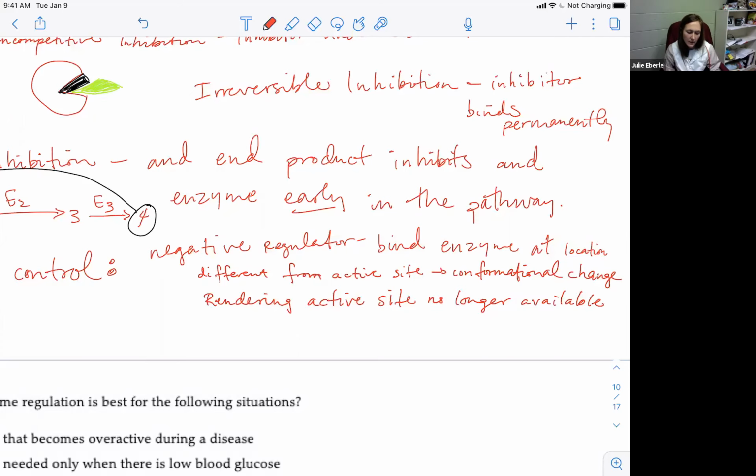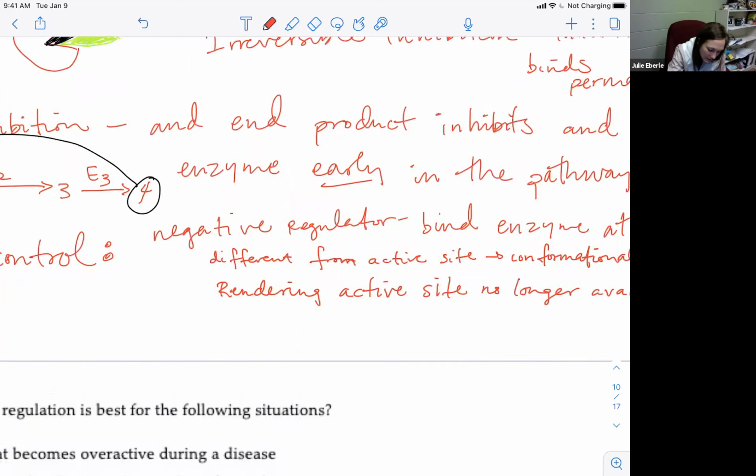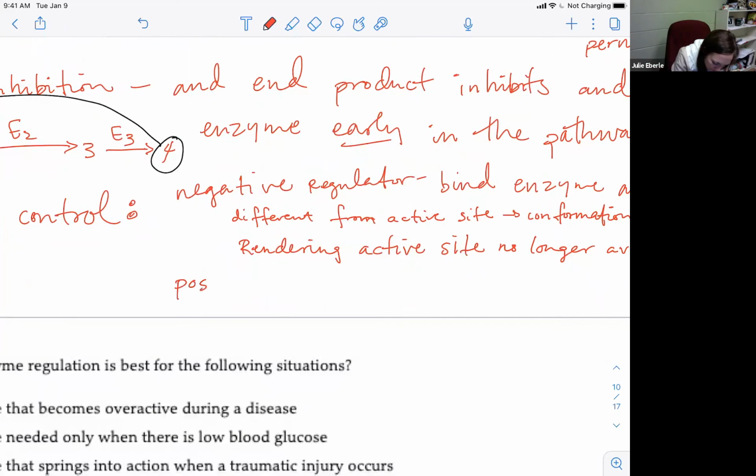Okay. Now, a positive regulator is going to also bind the enzyme at a location different from the active site, but it's just that the conformational change that happens after that opens up the active site. Okay, so a positive regulator.